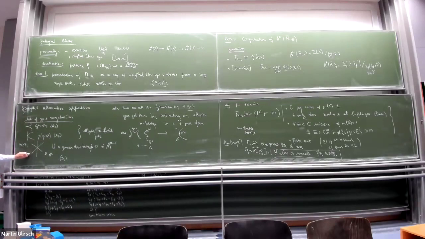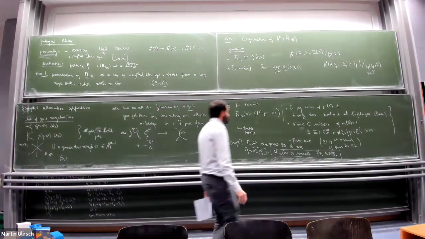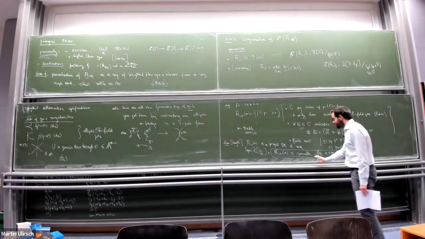Then the deformation theory of these curves becomes very complicated, not really well understood. And in particular, the universal deformation is singular as soon as they are fundamentally more complicated.